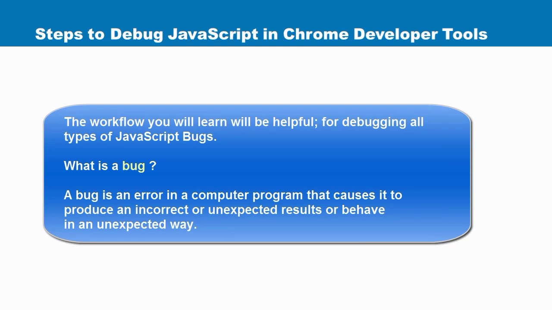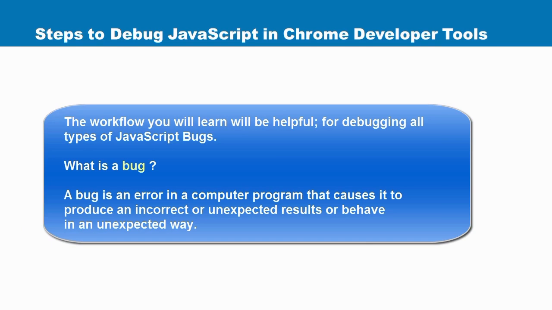The steps will show you how to debug one specific issue, but the general workflow you will learn is going to be helpful for debugging all types of JavaScript bugs.